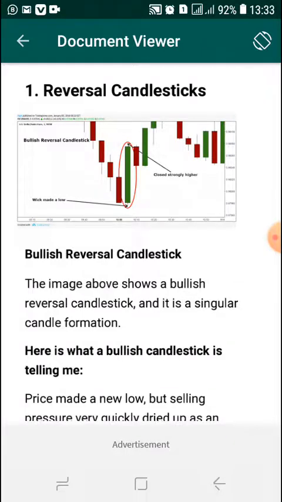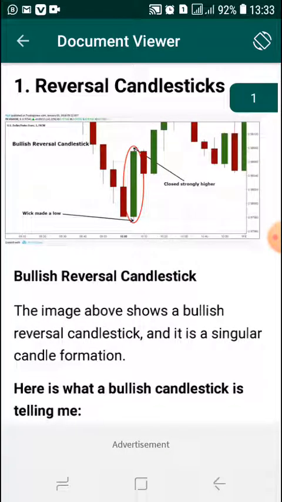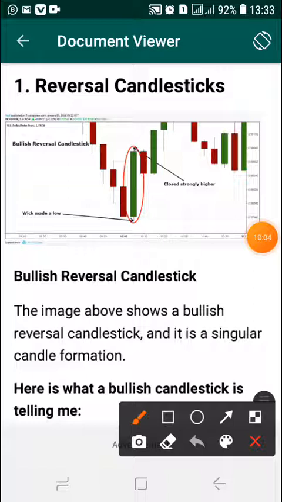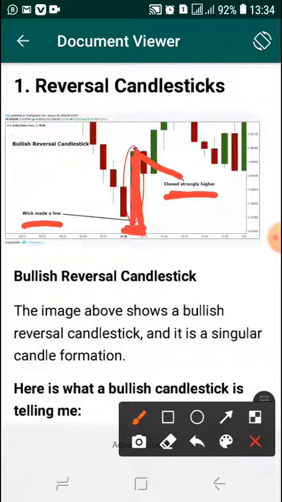As you can see here in the picture, we have highlighted that this particular candle made a small shadow, and it also gave you a strong close above. So it's a totally bullish candlestick.